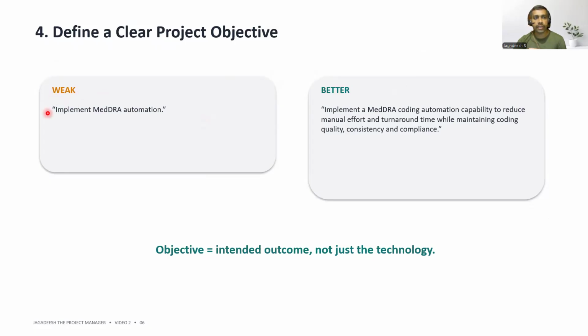It should not be just implement MedDRA automation. It should be implement MedDRA coding automation capability to reduce the manual effort and turnaround time while maintaining coding quality, consistency, and compliance. The distinction makes the conversation much stronger with the business stakeholders and interviewers. So objective is always the intended outcome, not just the technology.